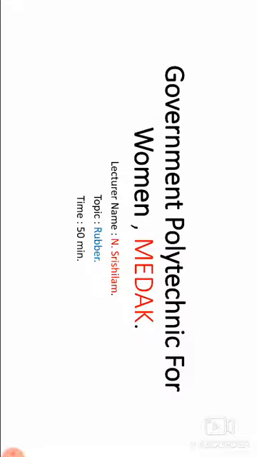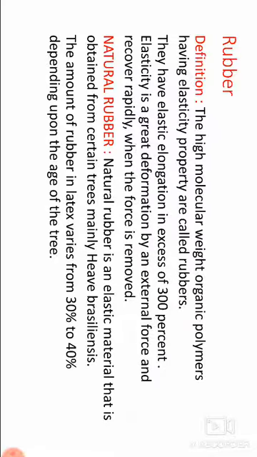Then the next topic is rubbers. Rubbers have a highly elastic nature, with elastic elongation in excess of 300%. Definition of rubber: the high molecular weight organic polymers having the elasticity property are called rubbers.